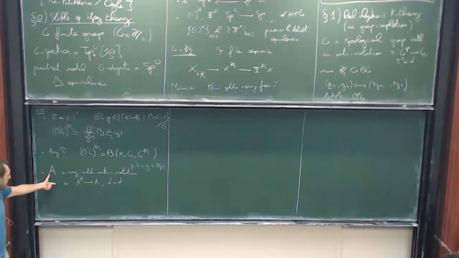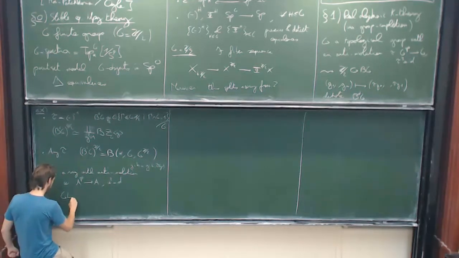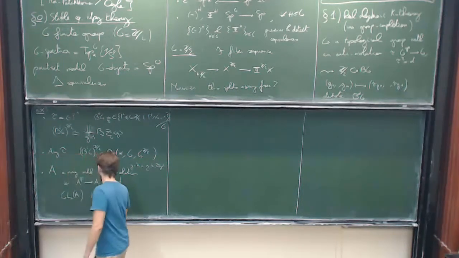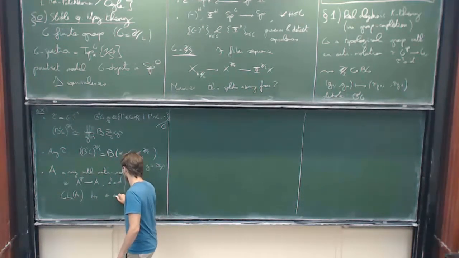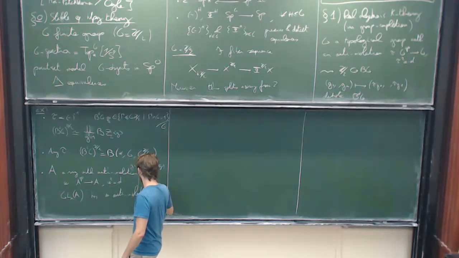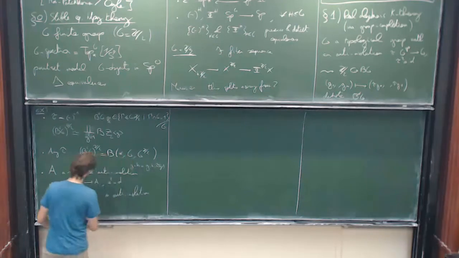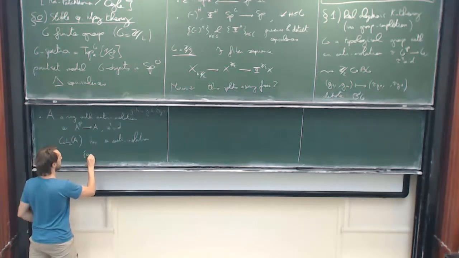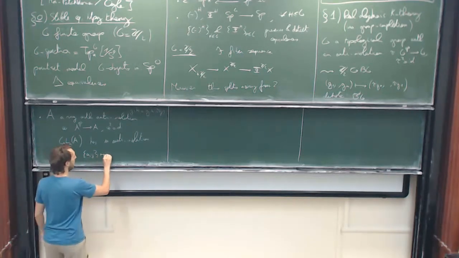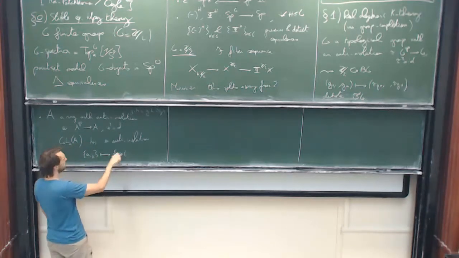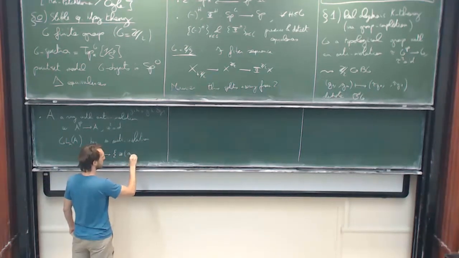So this is the standard input, for example, for L theory. Then you can look at GL_N of this ring. This has an anti-involution. And how does that go? You take a matrix of entries in A, and you apply the involution entry-wise, and then you transpose.